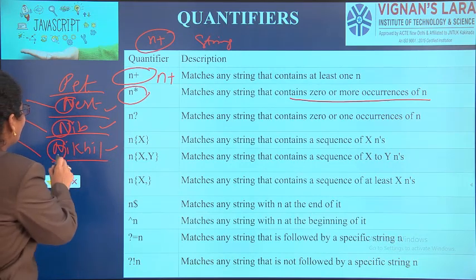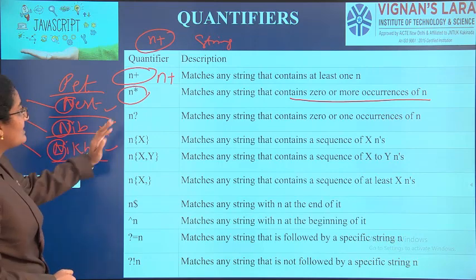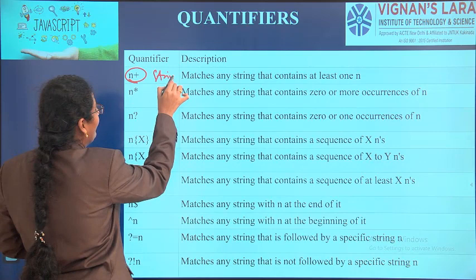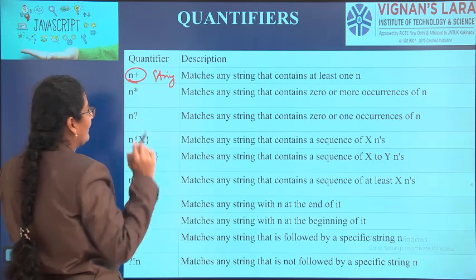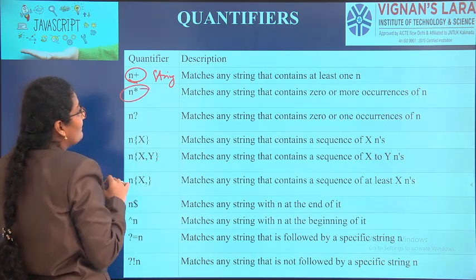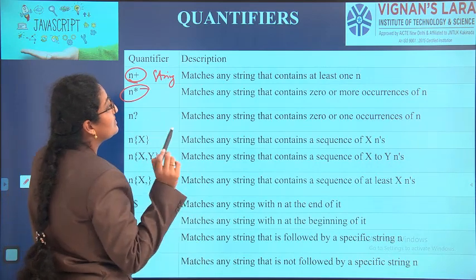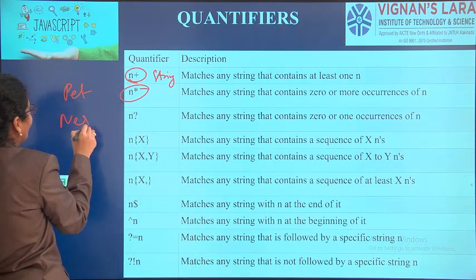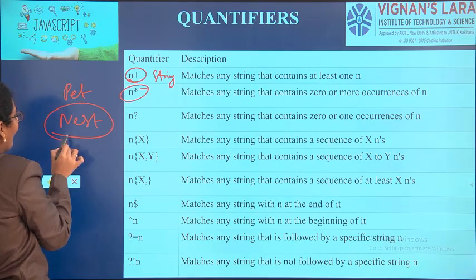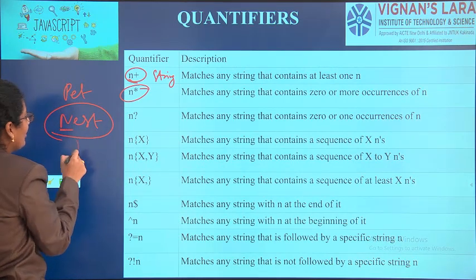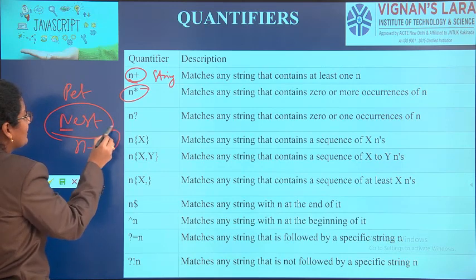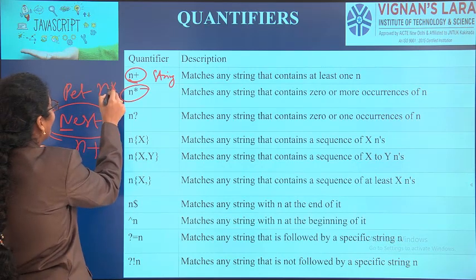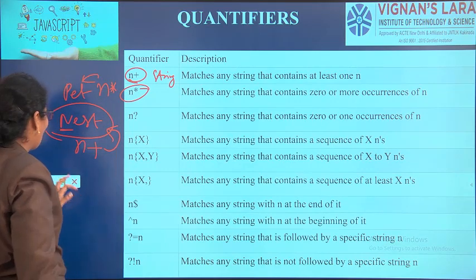So it will match with n plus. What is n asterisk? It will match with the string which does not have the n. So if you take pet, it does not have n, so n asterisk will match with pet.